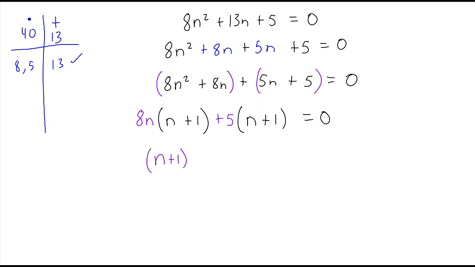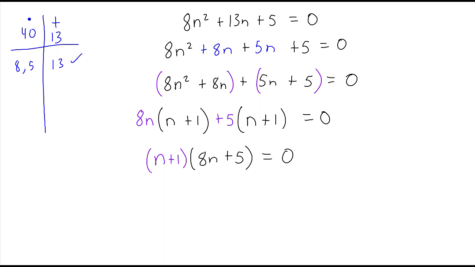If I divide out n plus 1, I'd be left with 8n here. If I divide out n plus 1 here, I'm left with 5. So there we go: n plus 1 times 8n plus 5. We have factored the quadratic expression.